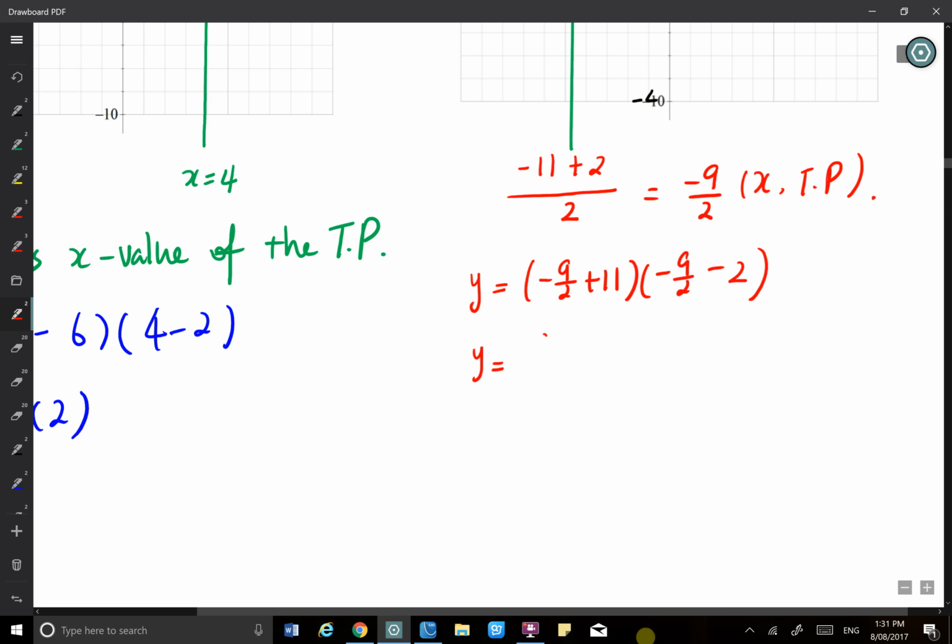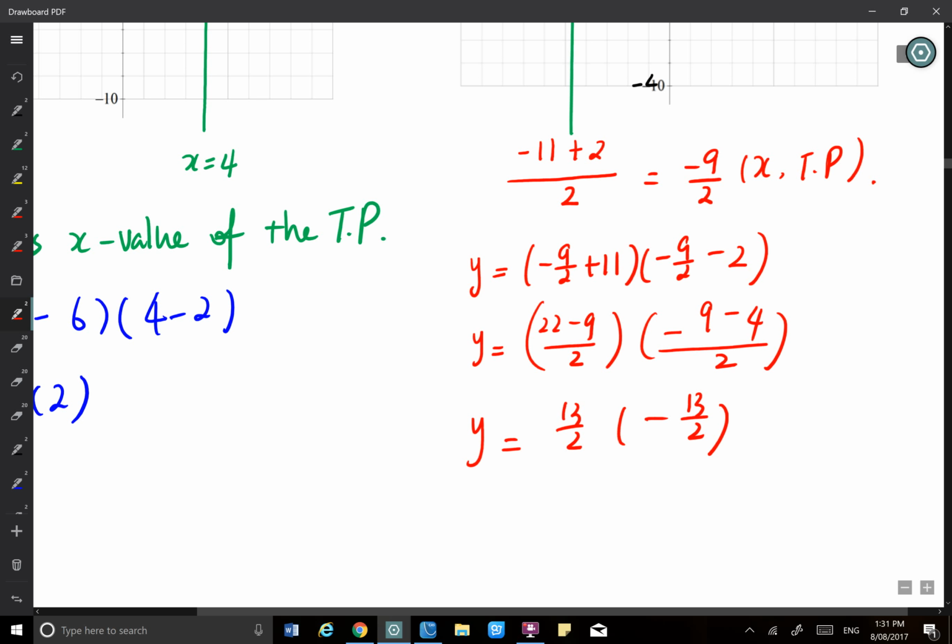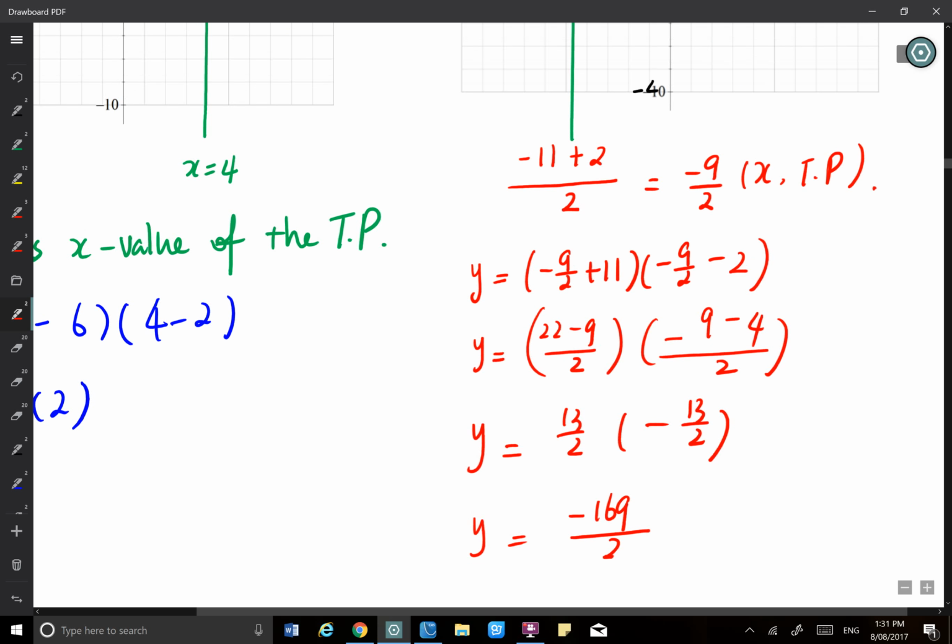So we have 22 minus 9 over 2 and negative 9 minus 4 over 2. y is 13 over 2 times negative 13 over 2, and y is negative 169 over 4.